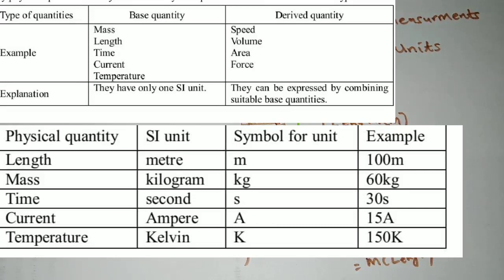Time has only one SI unit, the second, the symbol is s. Current, the SI unit is ampere, the symbol is A. Temperature, the SI unit is Kelvin, and the symbol is K. So these are what we call the base quantities. They only have one SI unit.